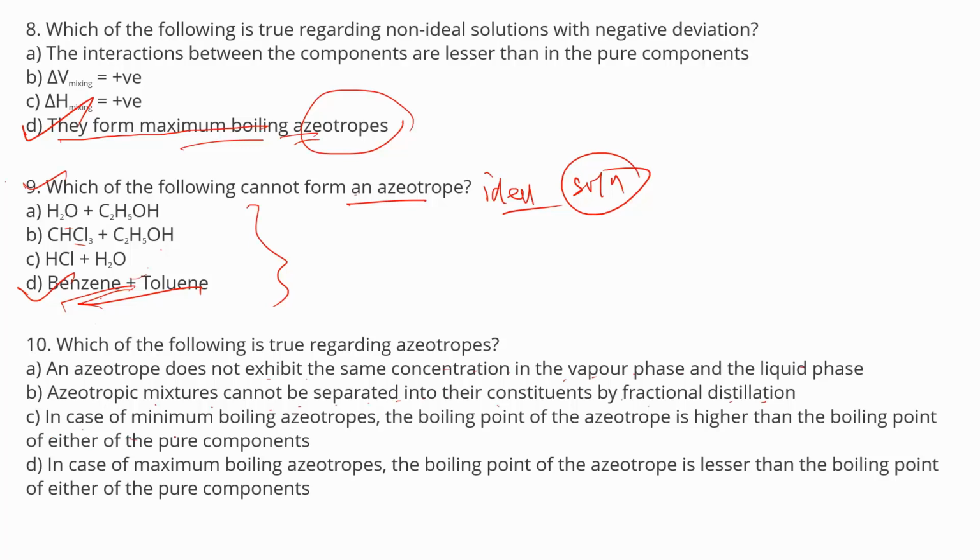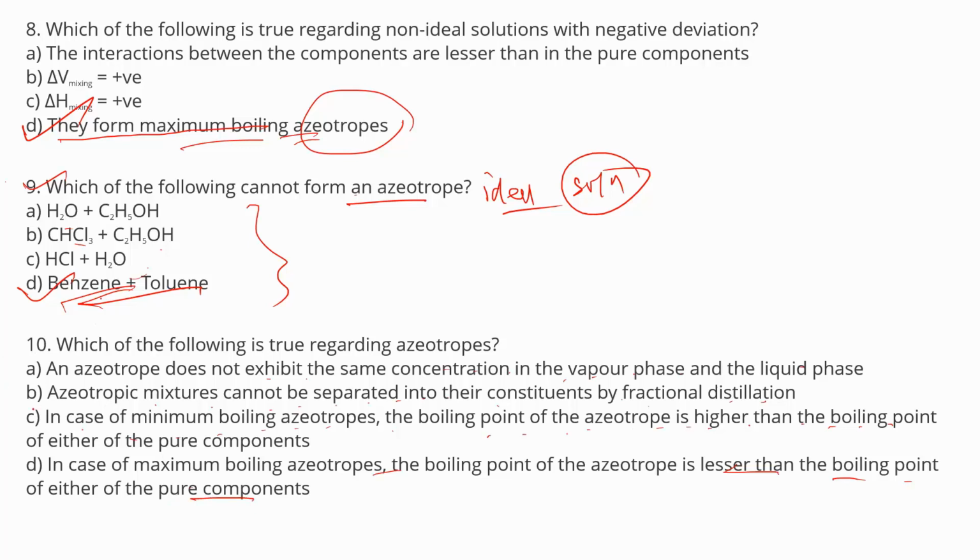Third: for a maximum boiling azeotrope, the boiling point is higher than that of either pure component. And for a minimum boiling azeotrope, the boiling point is lower than that of the pure components.